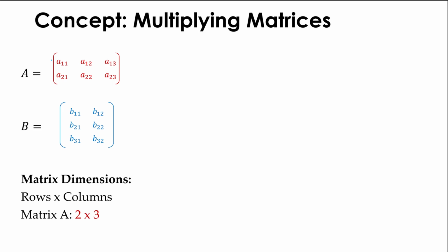So our rows are row, row, row, and then our columns here, here, here, column, column. So rows by columns. So matrix A is 2 by 3, 2 rows by 3 columns.